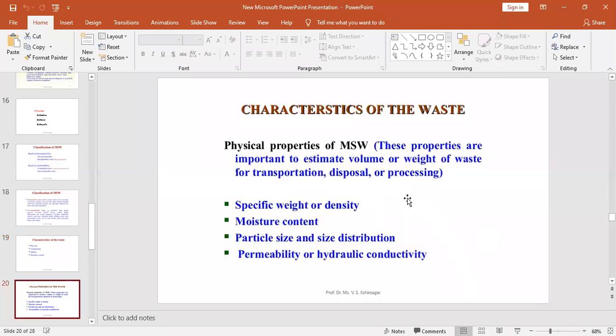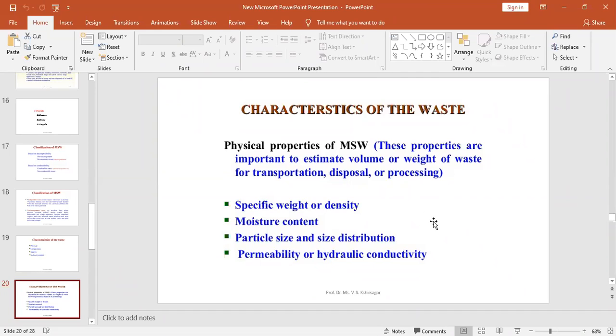These properties are important to estimate volume or weight of waste for transportation, disposal, or processing. Whenever you are planning to transport the municipal solid waste, you should understand its characteristics, whether it is hazardous, whether it is capable to carry, whether it is heavy, whether it contains liquid or not.